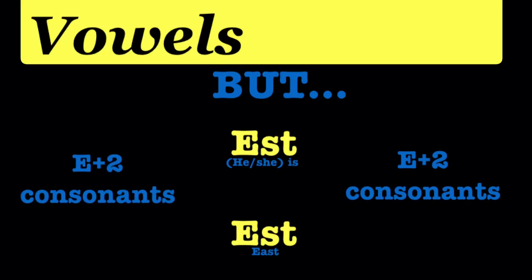For example, he is American can be il est américain or il est américain. Either is acceptable. Now, est has a second meaning, and that's the direction east. In that case, it follows the normal rule for E followed by two consonants, and is pronounced est.